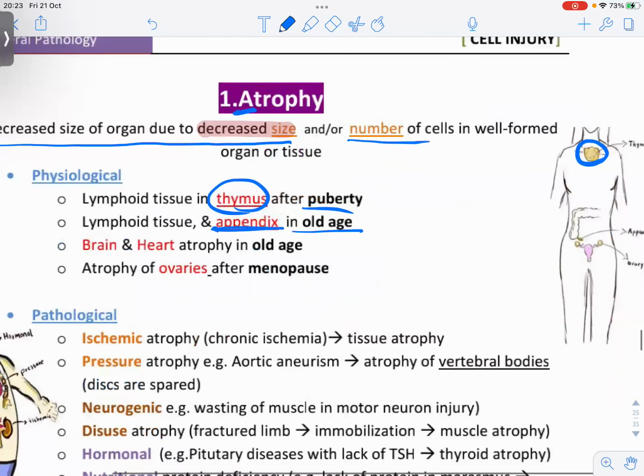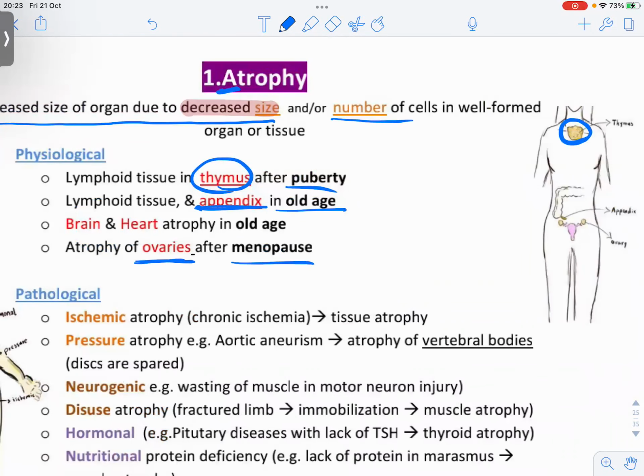Ovaries, as your friend said, in ovaries after menopause. A young lady can get pregnant, and the ovary will secrete the sex hormones. But after menopause, the woman will stop getting her periods.